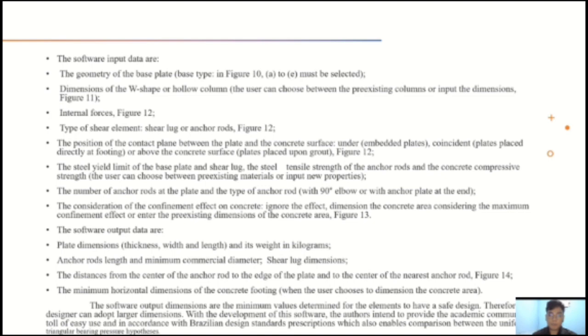The minimum horizontal dimension of the concrete footing when the user chooses two dimensions for the concrete area. So, the software output dimensions are the minimum values determined for the elements to have a safe design.